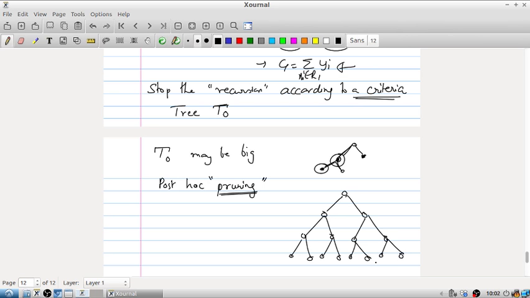I can always prune the tree by saying I'm going to ignore the whole last level. Remember, these 2 regions, their sum is this region. So I can delete these 2 nodes and I have pruned the tree. That's an example of pruning. But we are going to look at a specific type of pruning called cost complexity pruning.